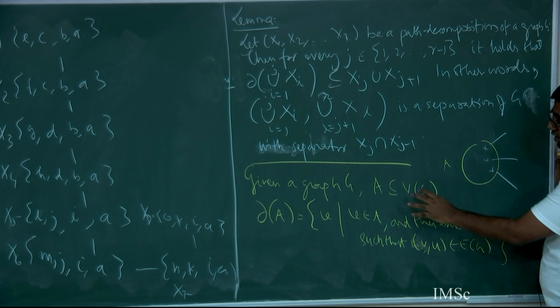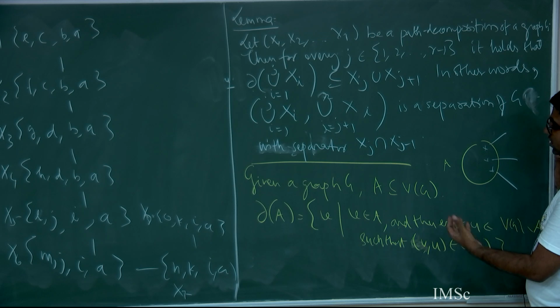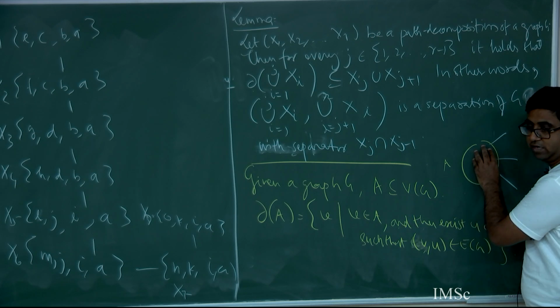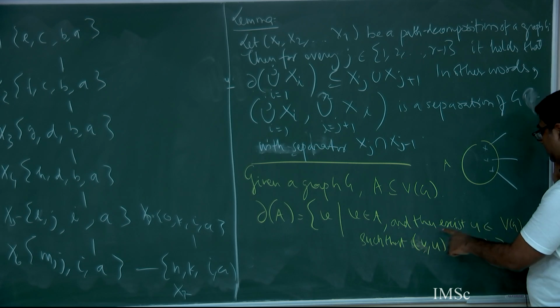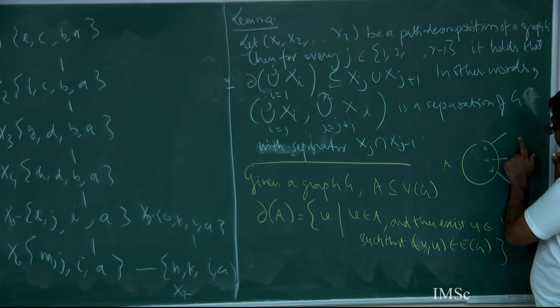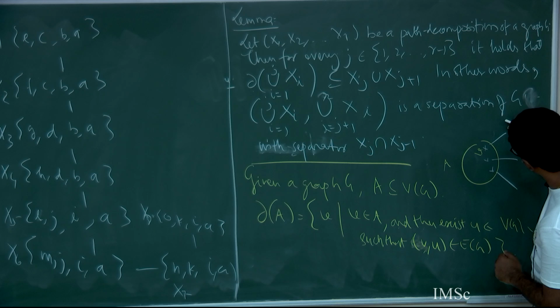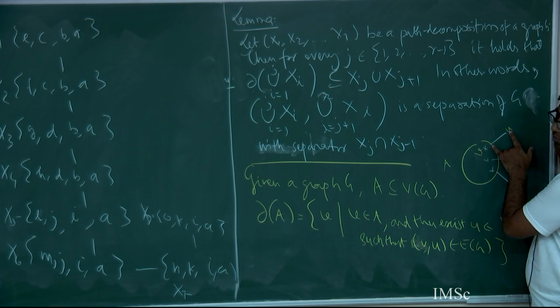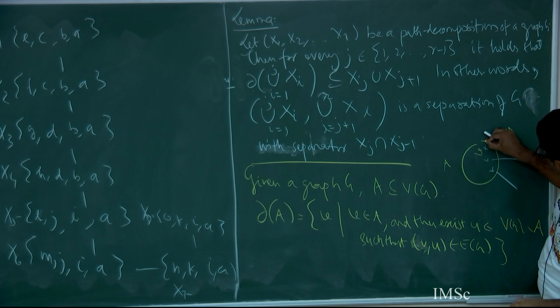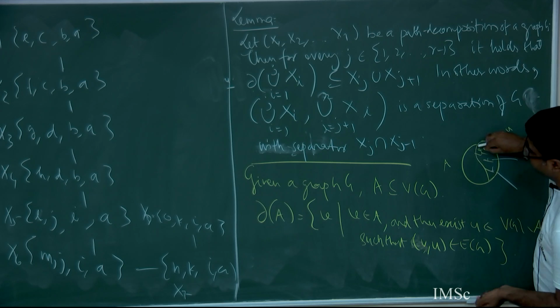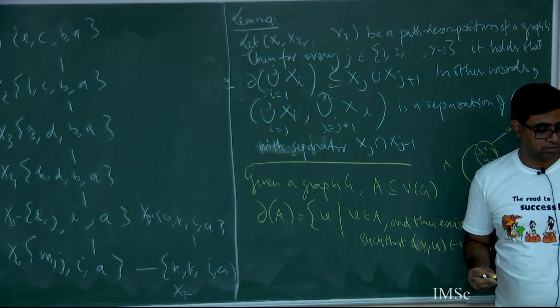So if I have a v here, it means I have a u outside, so there exists an edge between them. So they are really a boundary of the set, and they are denoted by delta of A. So that is one thing.